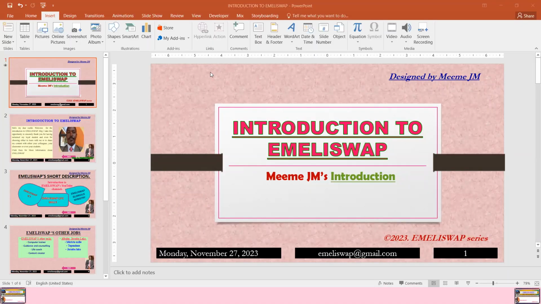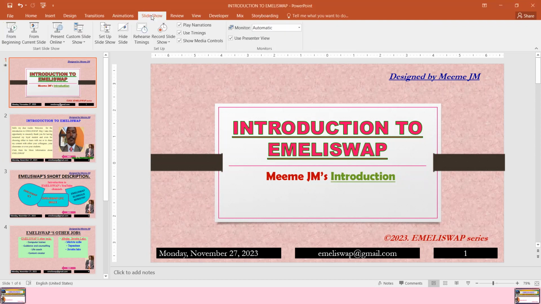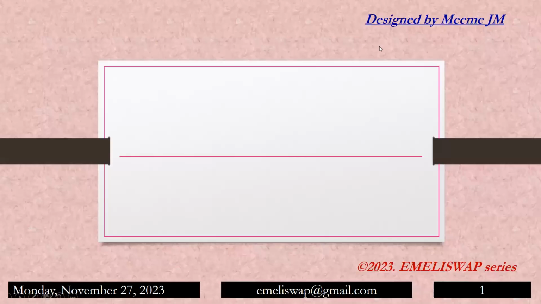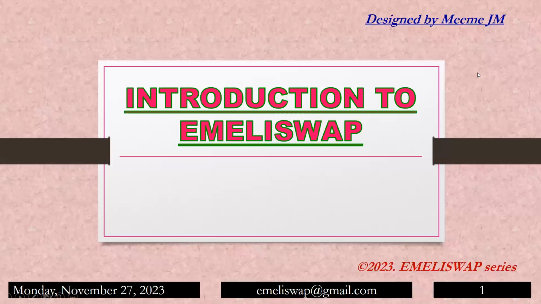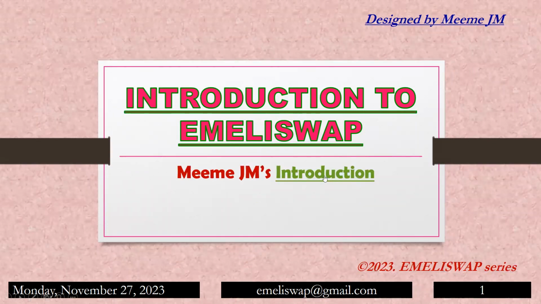So to run it, I'm going to click on Slide Show menu, and then click From Beginning. So I'm going to run my show by clicking on my screen. Then here it is. If you point on this text, you can see that it has turned into a pointing hand, meaning it is a link.